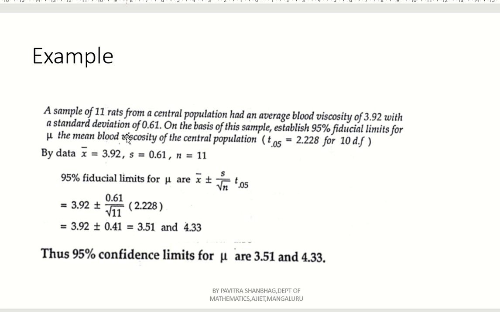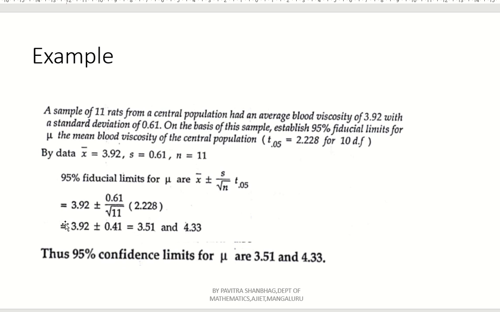So everything is ready. What is the formula to find this? Here 95% fiducial limit means confidence limit. How to find it? x bar plus or minus s by root n into t 0.05. This is for when the Student t distribution is given, then we can find the probable limit or confidence limit with the help of this. So everything is ready, you just need to replace and find the value.